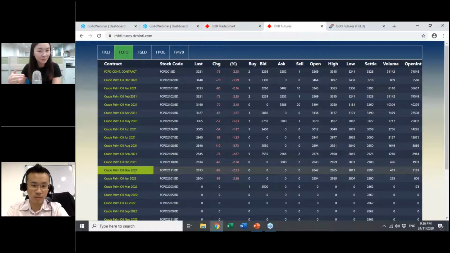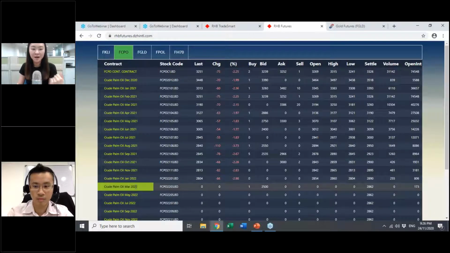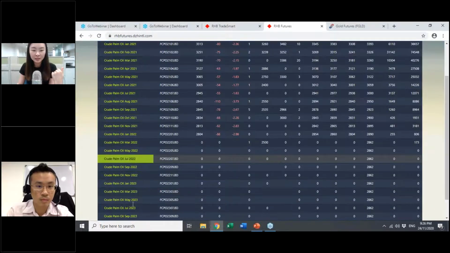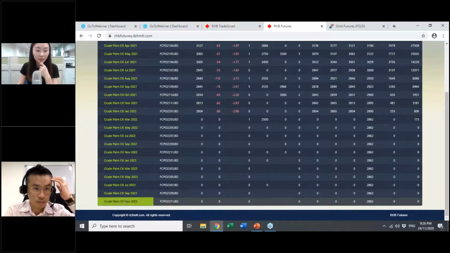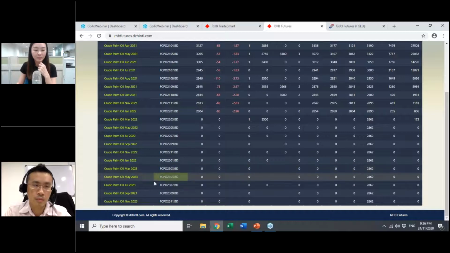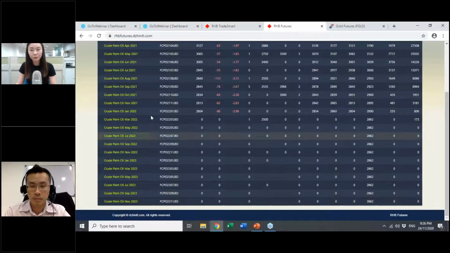And then alternate months up to 36 months. So after the 11 months succeeding, then alternate months: Jan, March, May, June, 36 months. So up to next year, November 2023. Here are all the contracts available for you to trade.